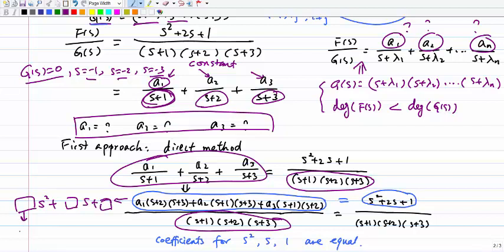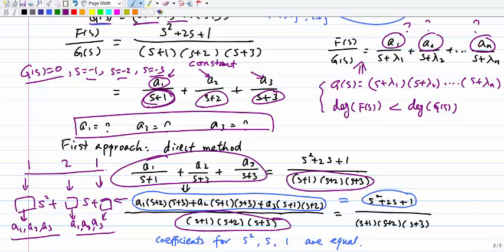Each of these is a linear function of the parameters a1, a2, and a3. Similarly for this one. So you just set this one equal to 1, this one equal to 2, and this one equal to 1. You have 3 variables in linear functions, so you have 3 equations. Now you can figure out a1, a2, and a3.